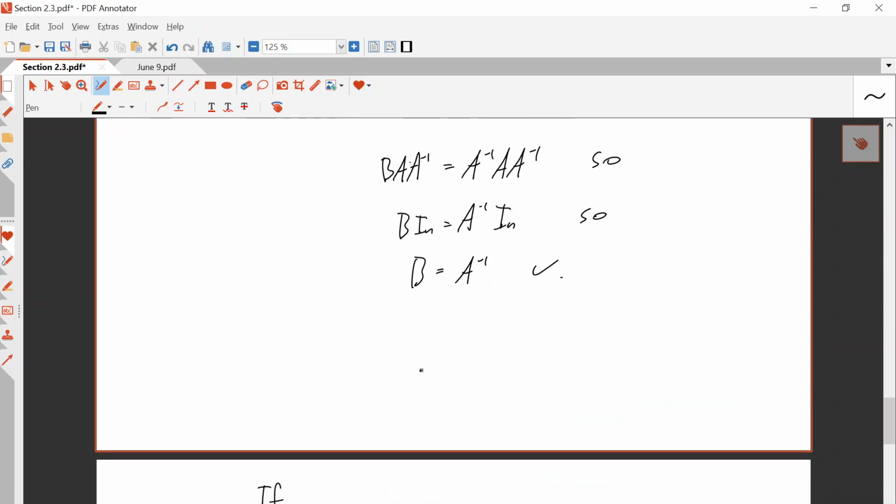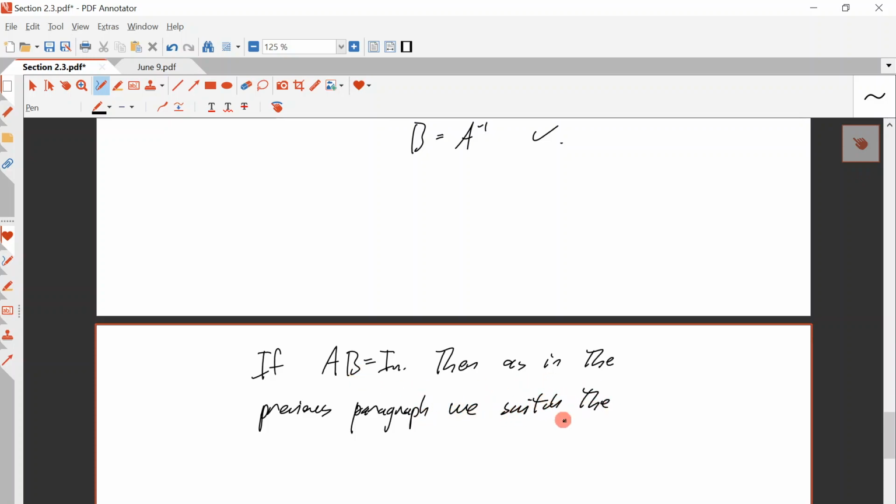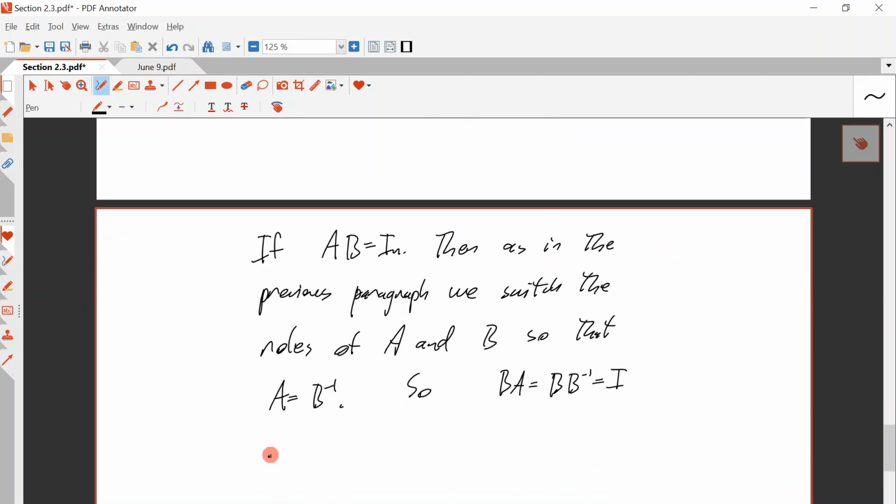If we have that A times B is equal to I_n, then as in the previous paragraph, we switch the roles of A and B, so that instead of B equaling A inverse, we have that A is equal to B inverse.